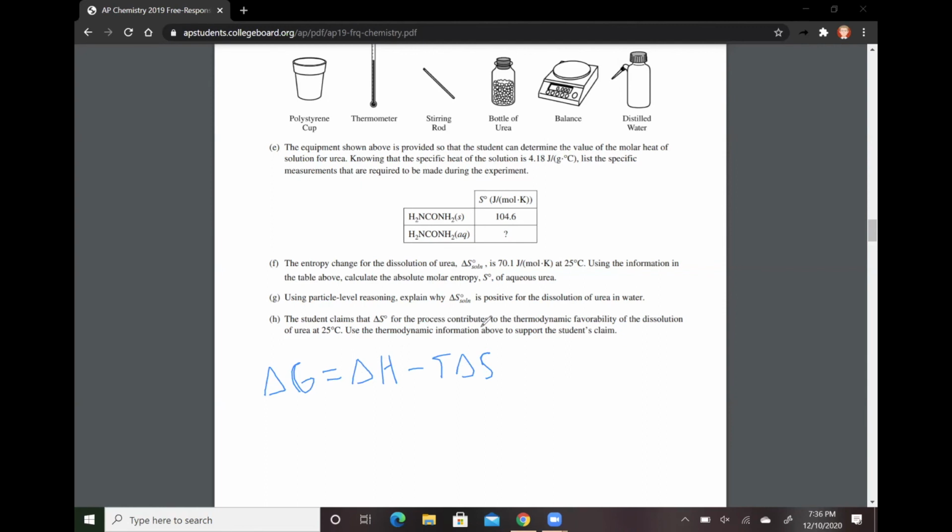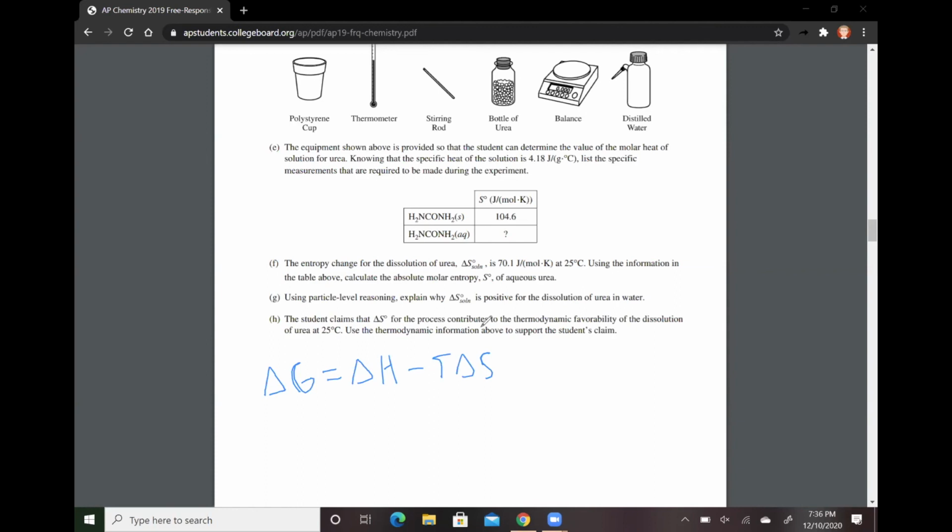However, the reason why the reaction is going to be favorable thermodynamically is because we also have a very high value for delta S, which is 70.1 joules per mole Kelvin. And that's a positive value. So you're subtracting a very high value from another positive value, but a value that's not as high.